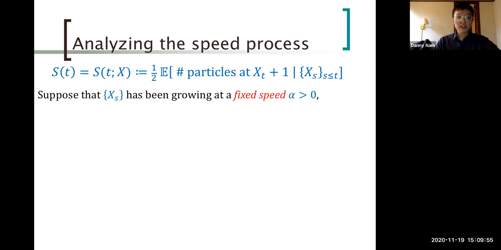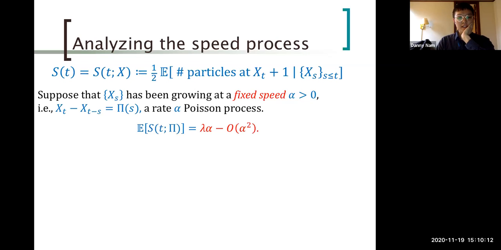And maybe the simplest candidate is by assuming that our aggregate has been growing at a fixed speed, which means that I'm going to just substitute X by some Pi, which is a Poisson process with rate alpha. An apparent advantage is that we can explicitly compute things.